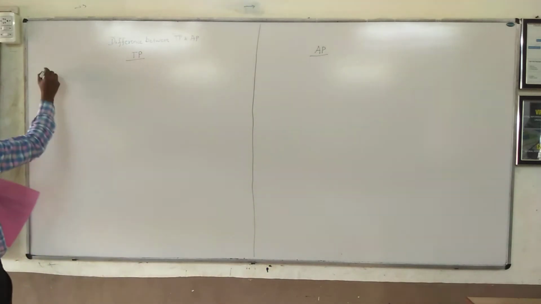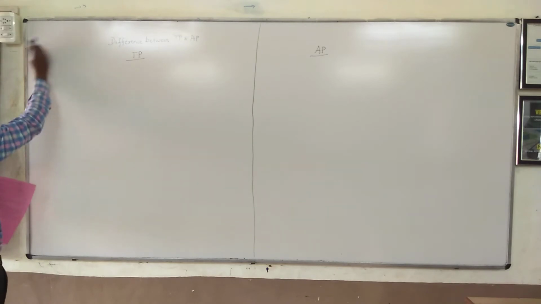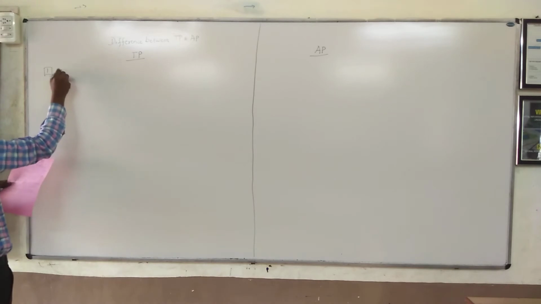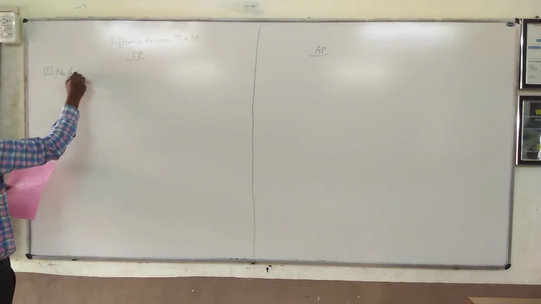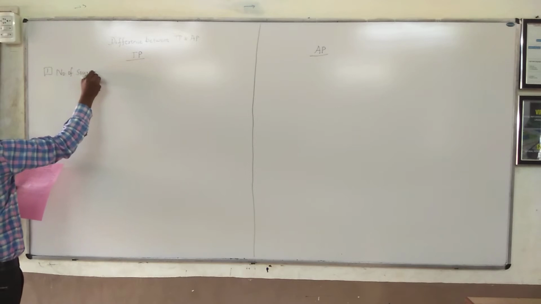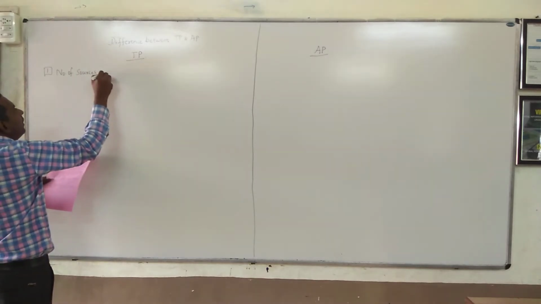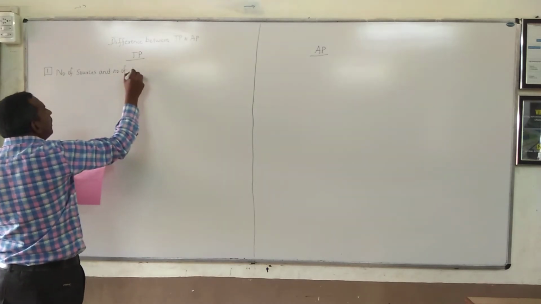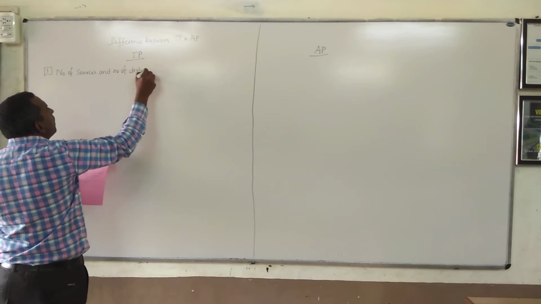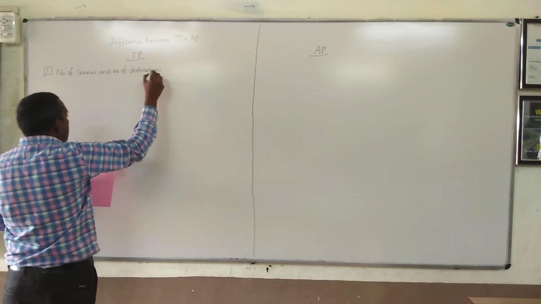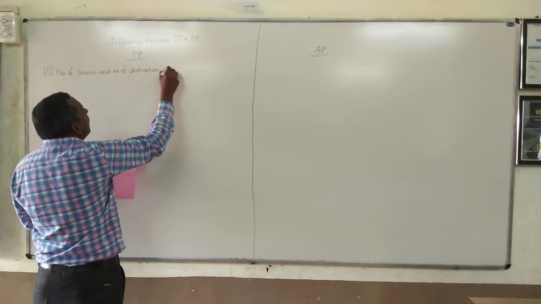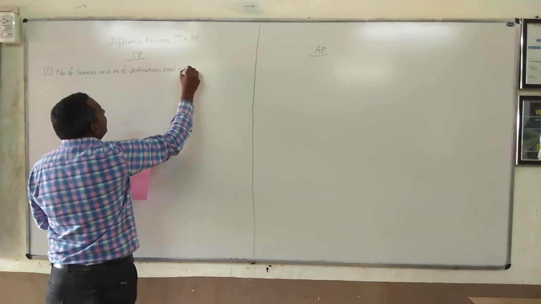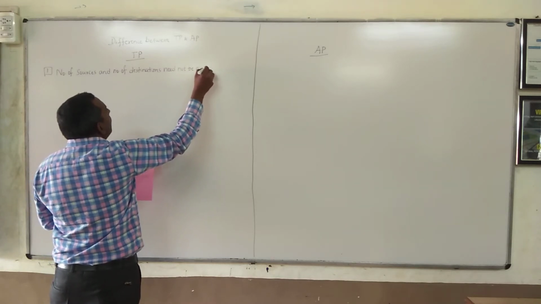So what is the first difference here? The first difference is number of sources and number of destinations need not to be equal.